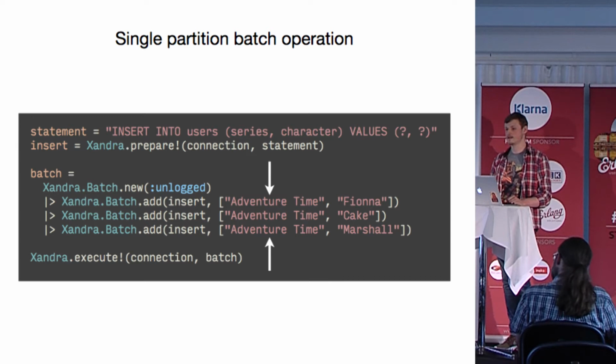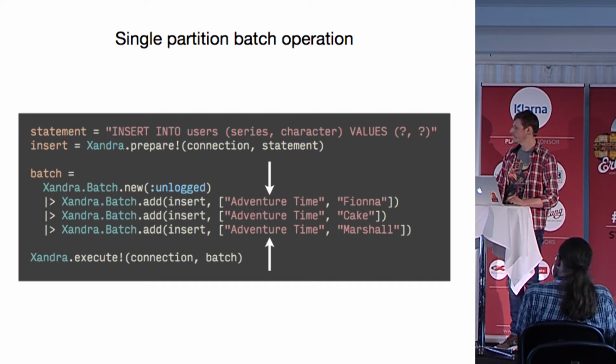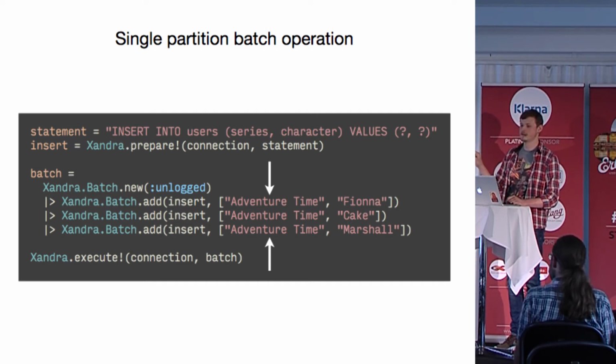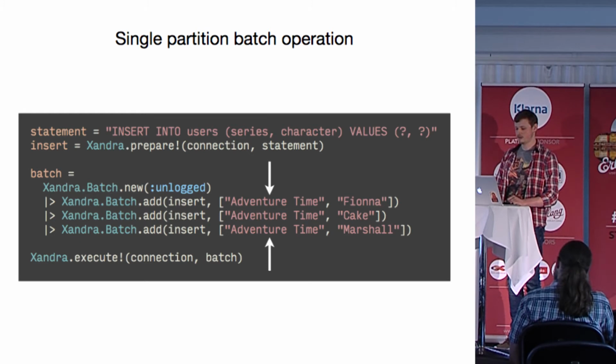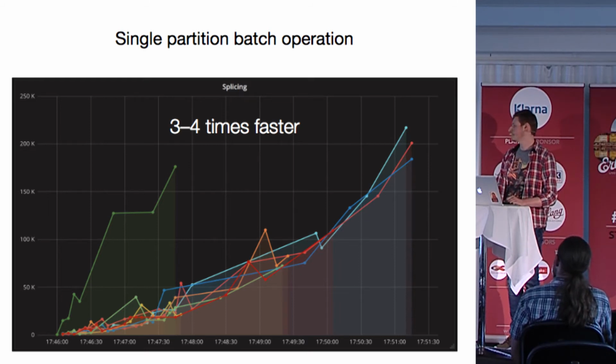But if you use an unlogged batch, and one important property of it, if you write to one partition key, in this case it's serious, it will be considered as only one single write in Cassandra, and Cassandra will communicate synchronization of this write on replicas only once.